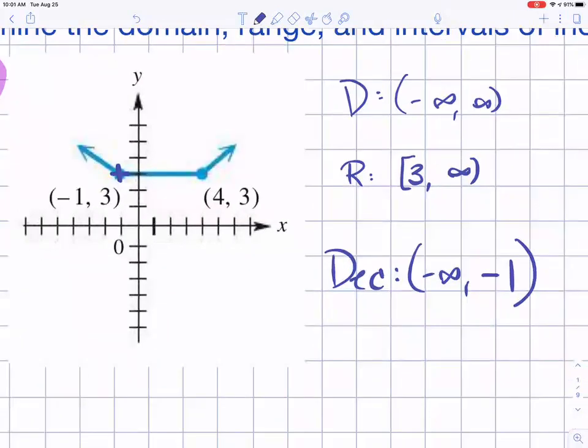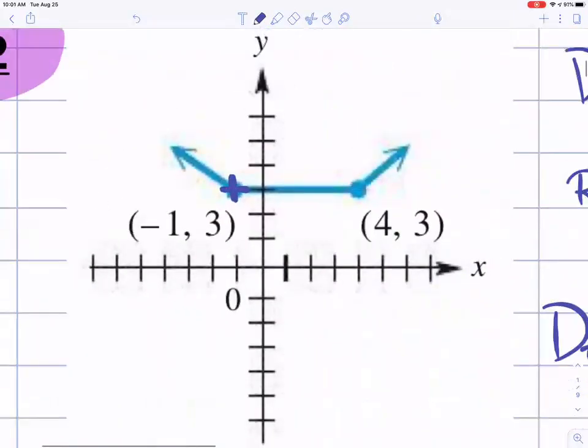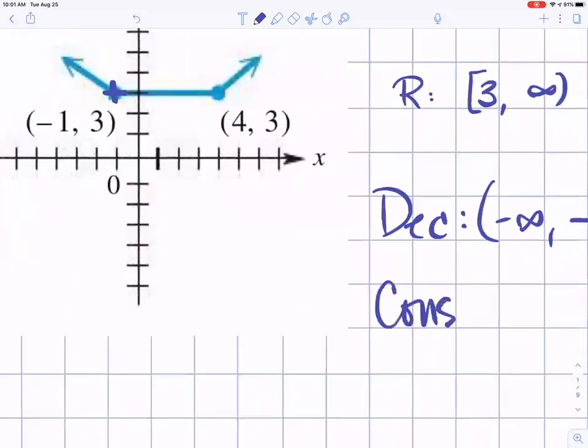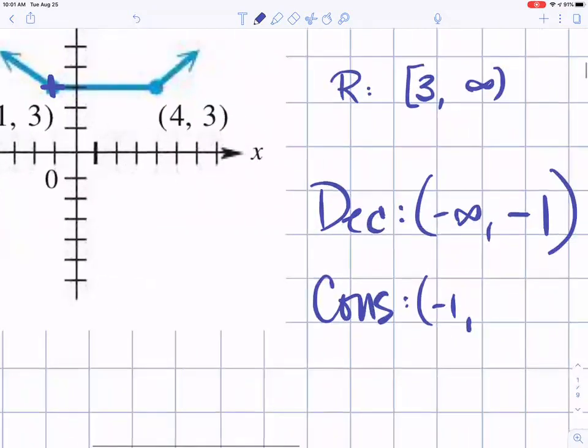All right, so now let's go back to the graph. I'm still on my trek from left to right. I just got finished decreasing. What's my graph doing now? It's going constant. From where to where is my graph constant? -1 to 4.